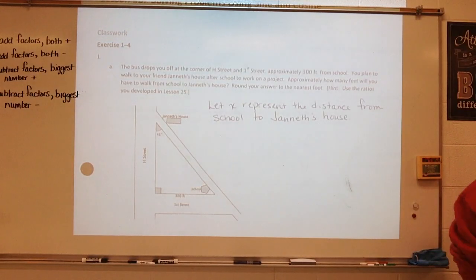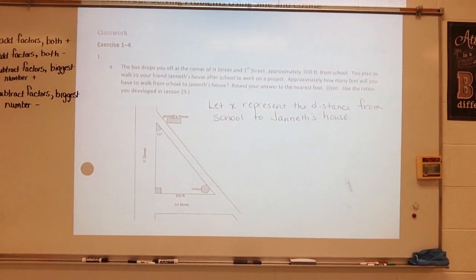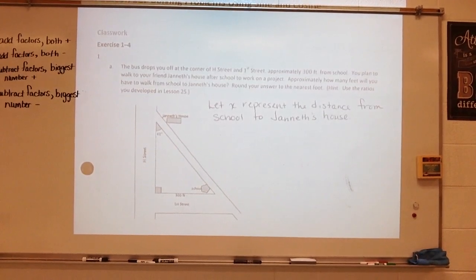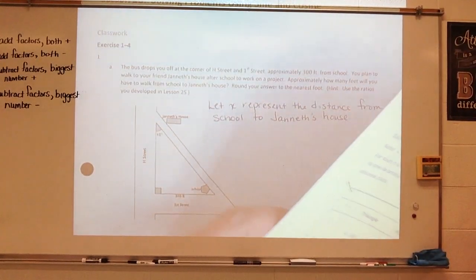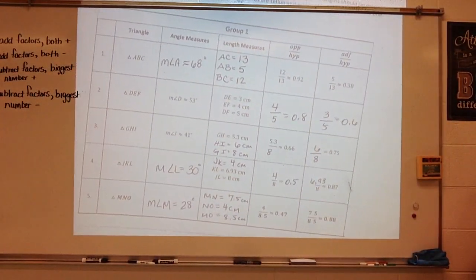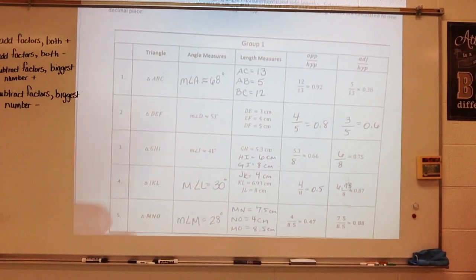Hang on, let me see if I can find that lesson so we can look at it. Found it. Okay. So we created these ratios, if you remember. So it may be something you want to go back and get out if you have not turned it in just yet. If you have, then here's this. You might want to take a screenshot of it or whatever.